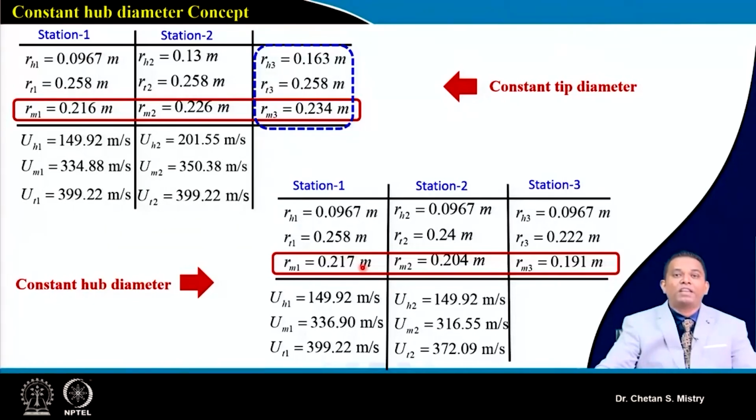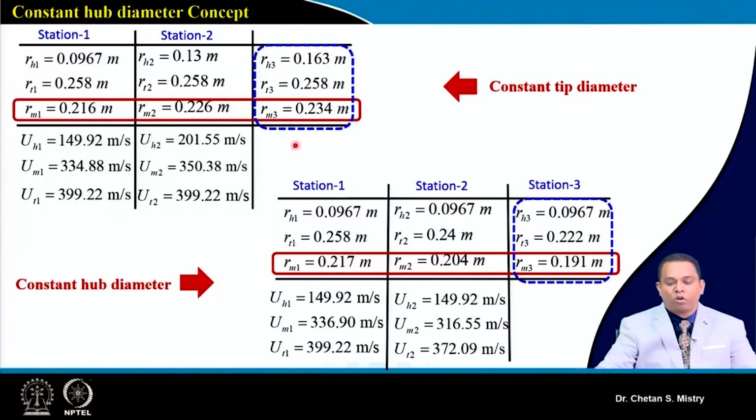That is an imaginary line, but we can understand that part. Now, in this configuration, the radius at the hub at the exit is lower. At mid station we also have a lower value, and at the tip station this value also comes out lower.